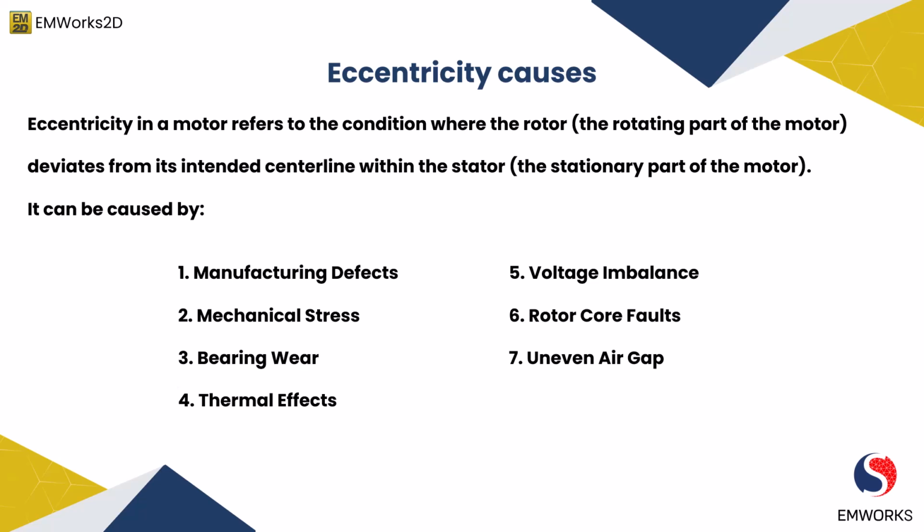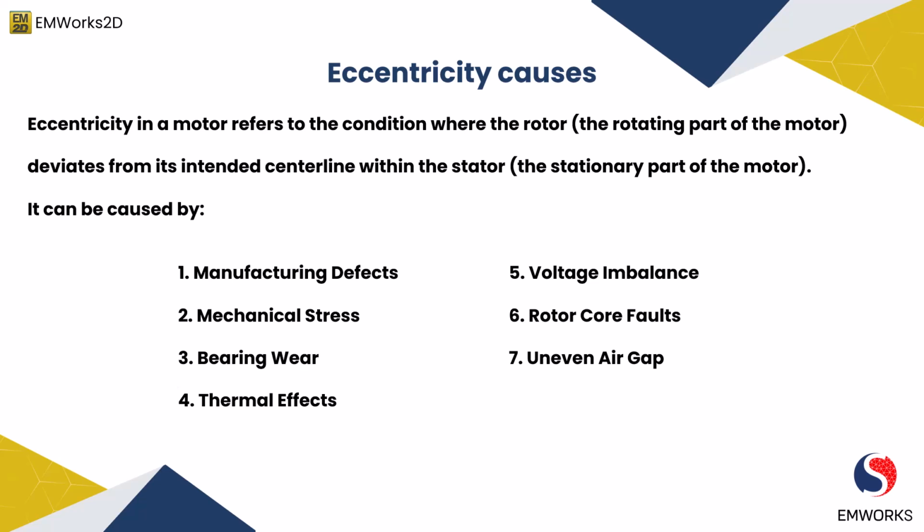Fifth, we have voltage imbalance. In three-phase motors, voltage imbalance between the phases can cause uneven magnetic forces, resulting in eccentricity. Imbalanced voltages can be caused by faulty power supply connections, unbalanced loads, or issues within the motor's internal connections.